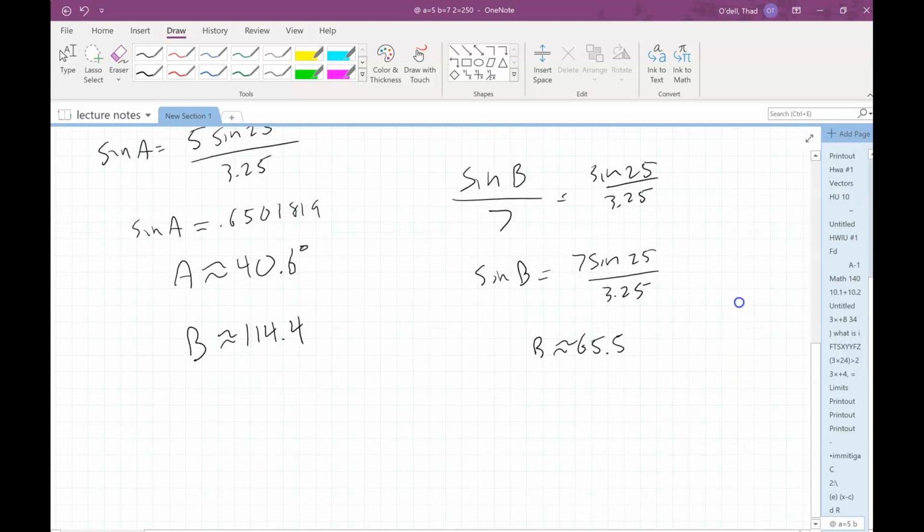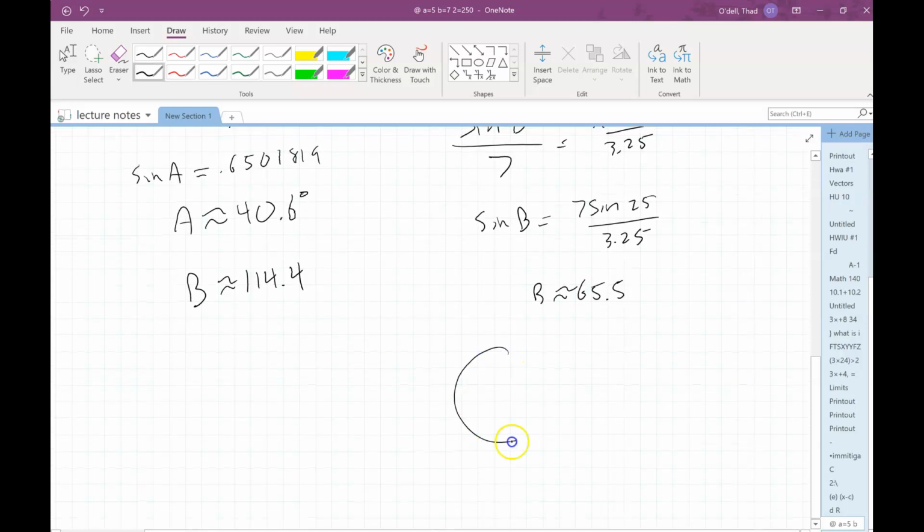But if we think about the unit circle, it makes sense, because the one answer that arc sine gives me is always going to be between negative pi over 2 and pi over 2, or negative 90 degrees and 90 degrees. So it gives me this answer, but what we actually wanted was an answer in the second quadrant, 114.